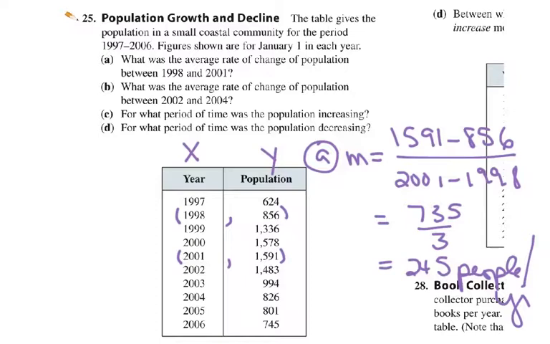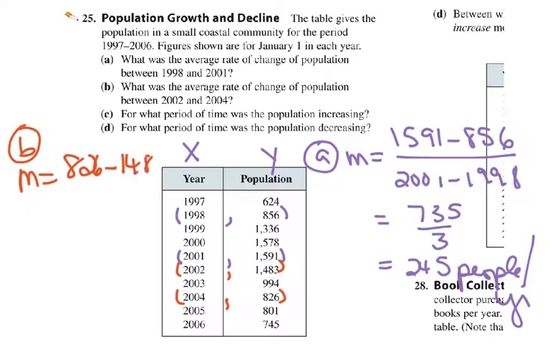All right, let's try this again. In part B, what's the average rate of change between 2002 and 2004? So same thing. I'm going to call the first ordered pair x1, y1, the second one x2, y2. So the slope, or average rate of change, is going to be 826 minus 1483 over 2004 minus 2002.